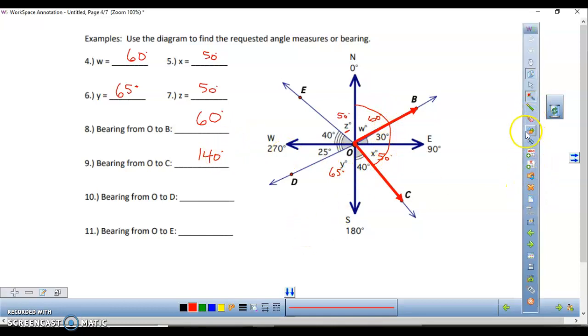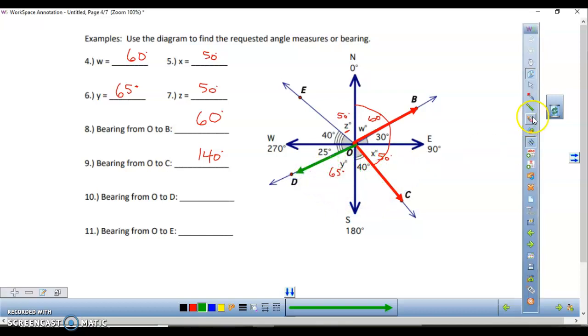All right, let's do the next one, from O to D. Maybe I'll change colors to make it easier for you to see. So I'm starting at 0 degrees, rotating around, that's 90, that's 180, and to get to D, I need to go 65 degrees past 180.